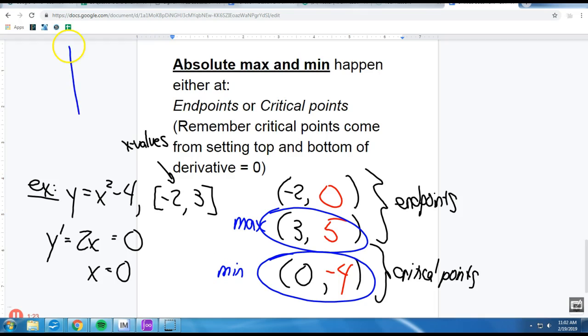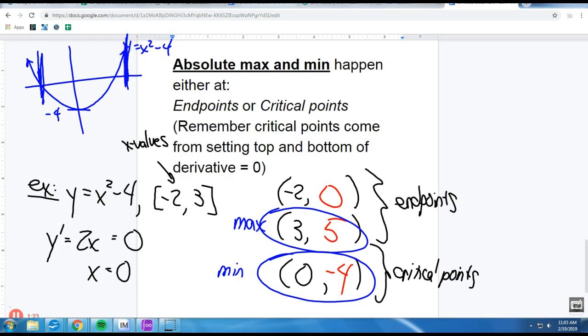I gave you a little sketch of the graph just so you can see what's happening. Here's x squared minus 4. That's -4. And then we're going between -2 and 3. So we're only looking between like here and here.